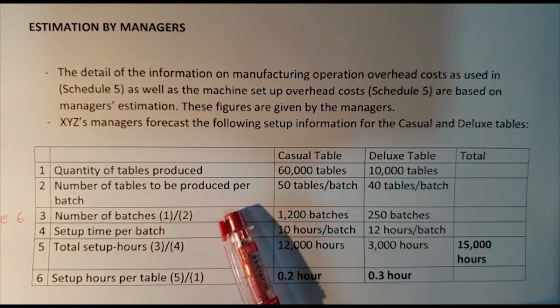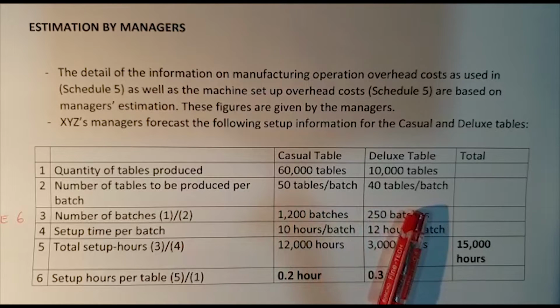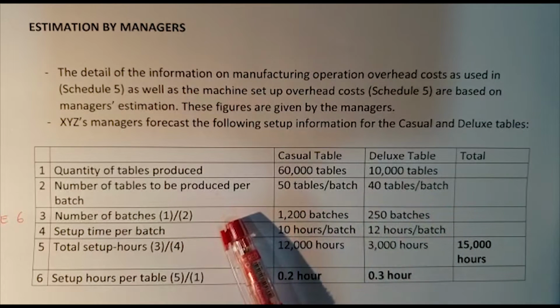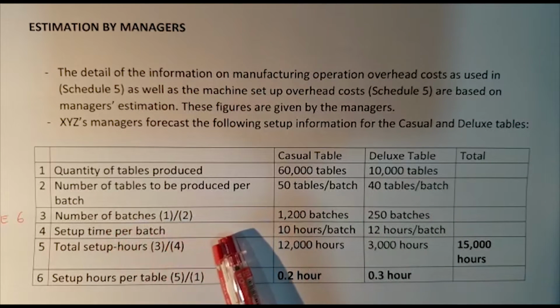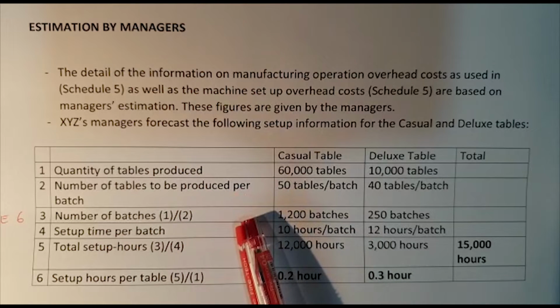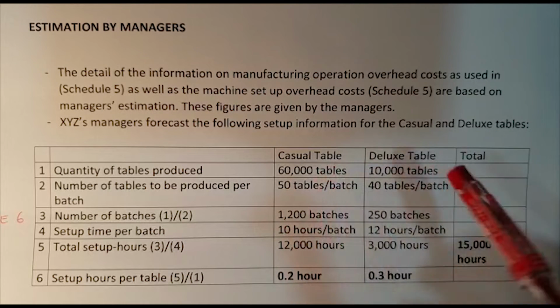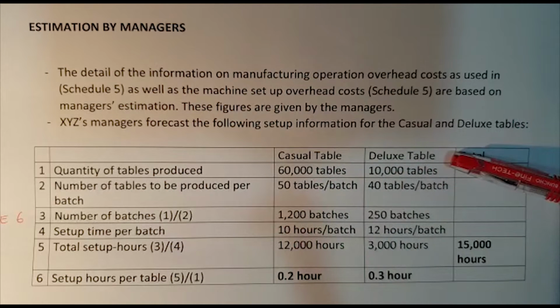Number of tables to be produced per batch is 50 tables per batch and 40 tables per batch. The number of batches is quantity divided by tables per batch: 1,200 batches for casual and 250 batches for deluxe.